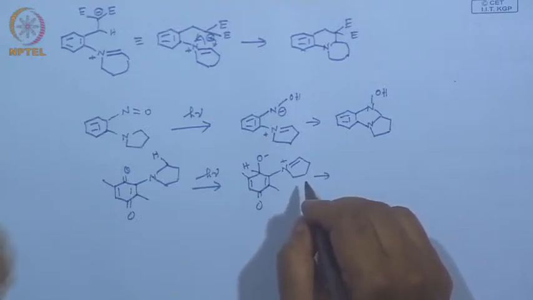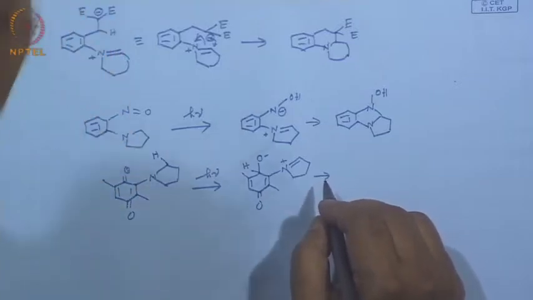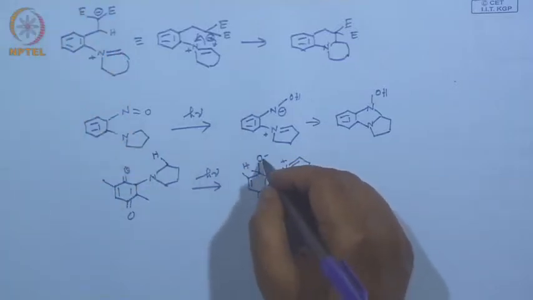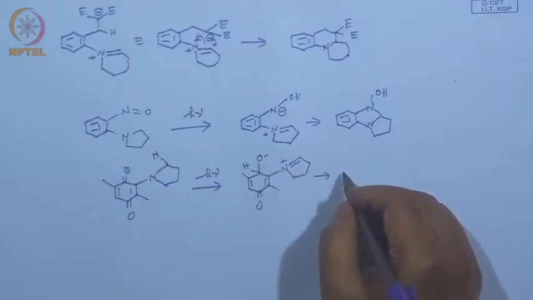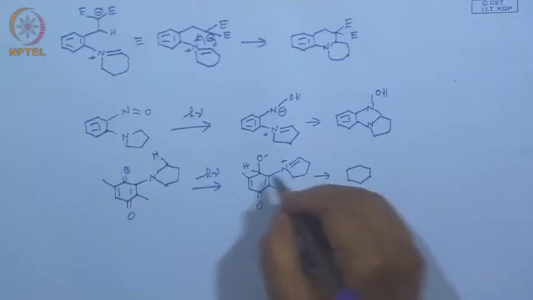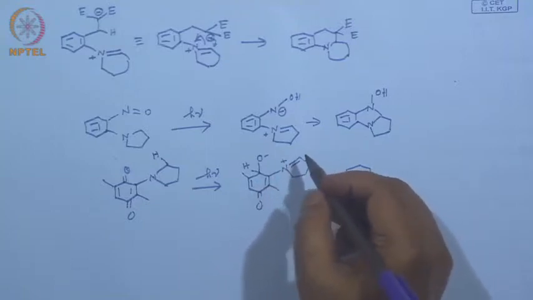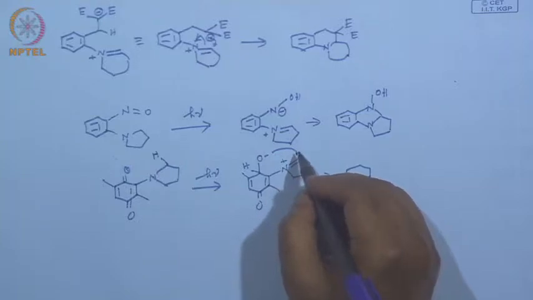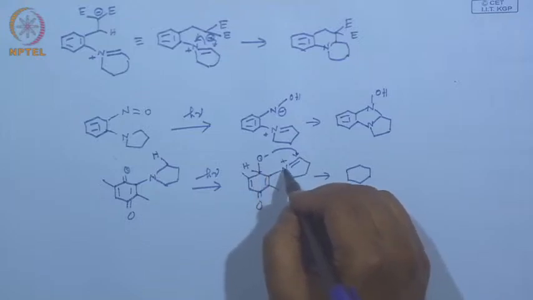So, the essential driving force for this sort of reaction is the formation of the iminium ion, and then the thermodynamic stability of the final product. One can also write the hydrogen transfer to the oxygen, but had it been a radical reaction, that could have been a possibility. Once you have these, then what is expected? 1, 2, 3, 4, 5.